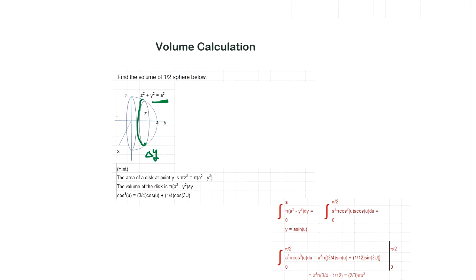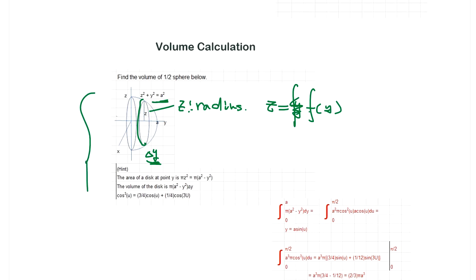Delta y is the thickness, the radius is z, and z is a function of y. So you take an integral, and if you can get the volume, then you're pretty much done with integrals.